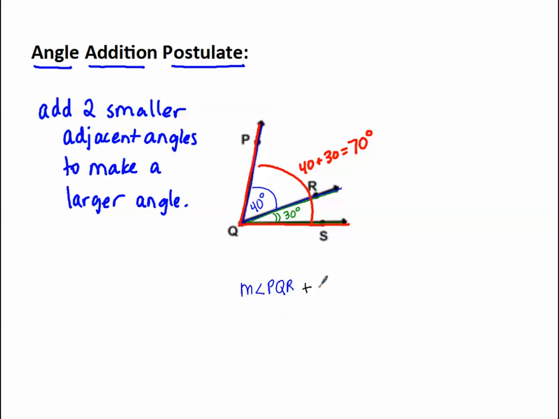Whoops, let's stay consistent and say the measure of angle RQS. All together, when we put them together, equals that large angle PQS, the measure of angle PQS. That's how we can use the angle addition postulate. Now today we're going to talk about copying and bisecting angles, and this may come in handy.